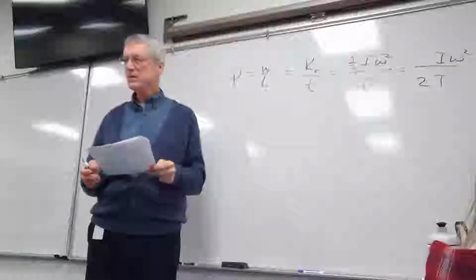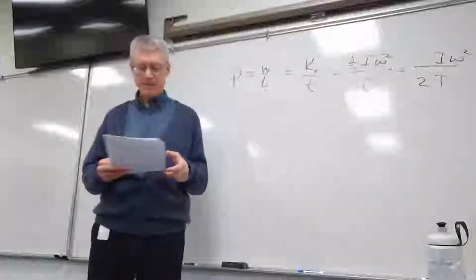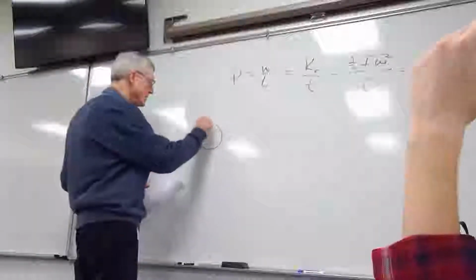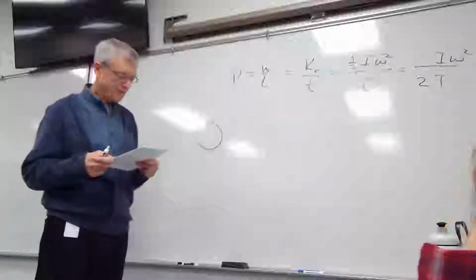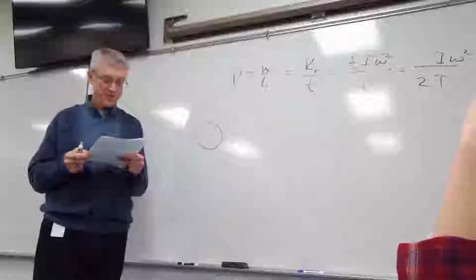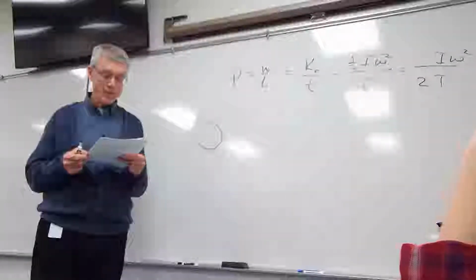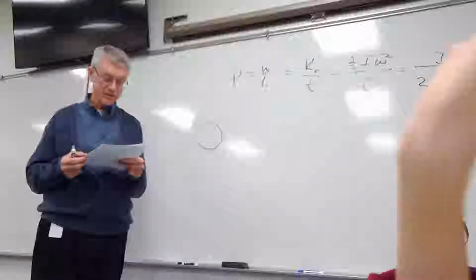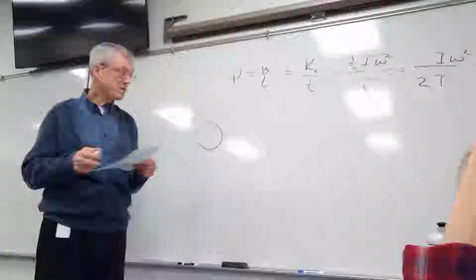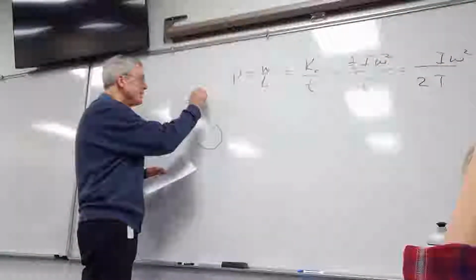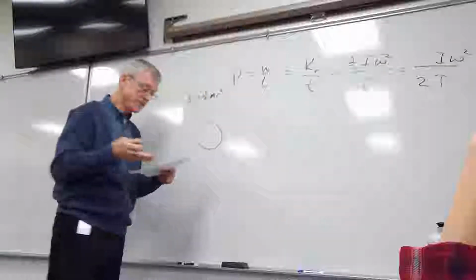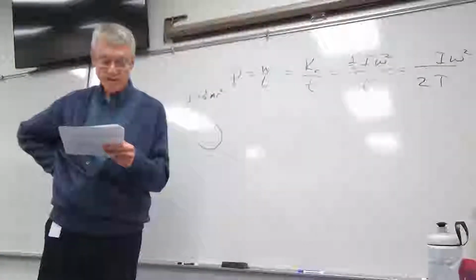That's it. Okay, look at number 10. This time we have a solid cylinder of mass M and radius R, and it has a string wound around it. It's a solid cylinder, so you already know that I is 1/2 mr squared, but they tell you that down in the question, in case you didn't know.